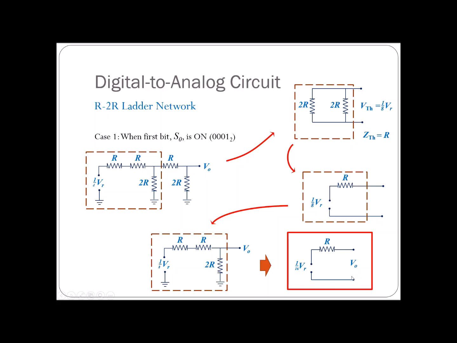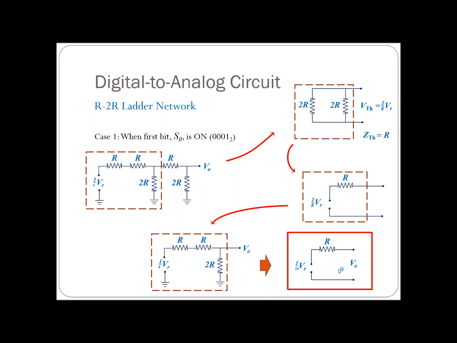Now my Thevenin equivalent will be like this, where the Thevenin voltage will be equal to VR over 16, again with the same Thevenin impedance equal to R. So this is equivalent to my 4-bit digital to analog circuit with an input value of 0001.